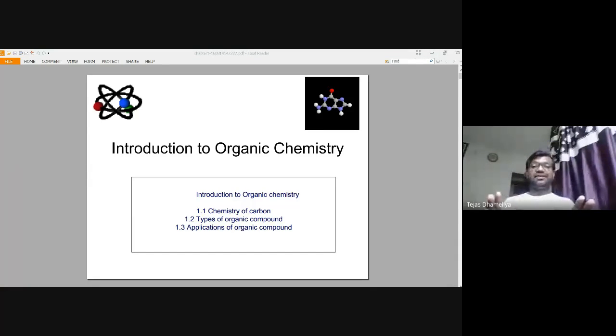But the majority of this complex skeleton is of carbon.